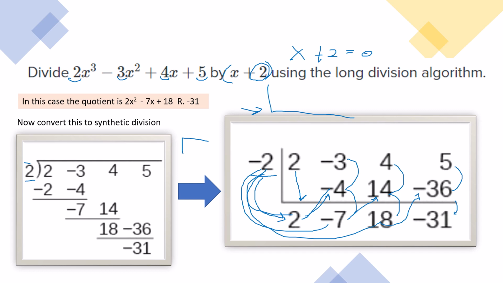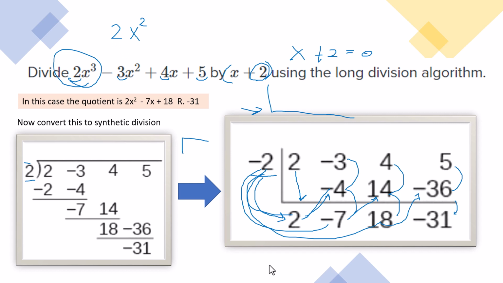All right, in this case, the quotient, or the answer, what we get is going to be 2x squared. So if you notice, we started with x to the third. So we're going to go down to the next descending power, 2x squared.